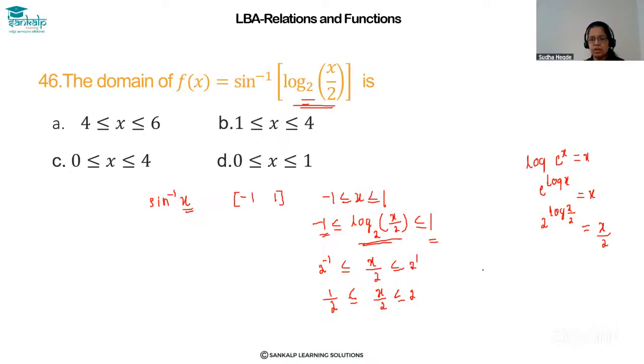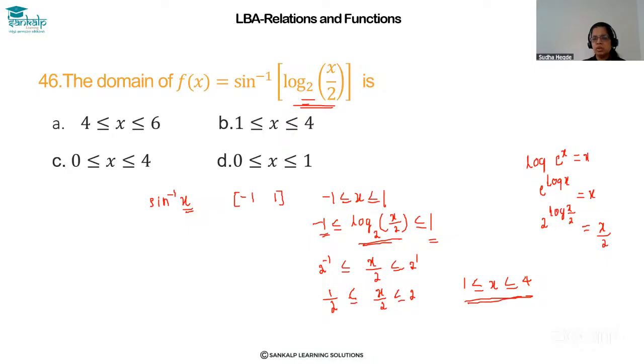Are you getting? Power -1 is 1 by x. So now you require x here. So multiply throughout by 2. So it is 1 less than or equal to x less than or equal to 4. So this is the domain of the given function.